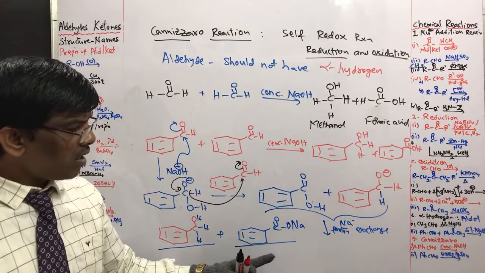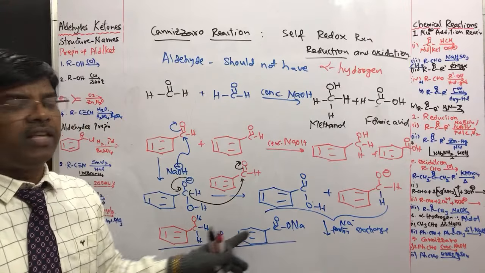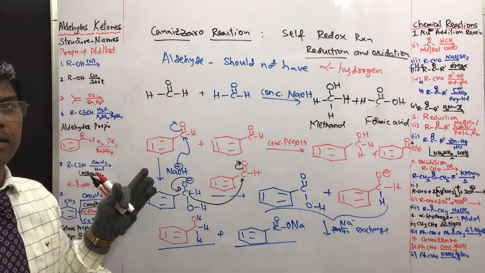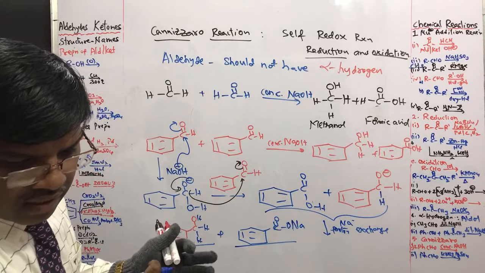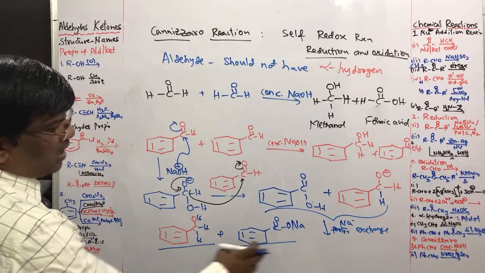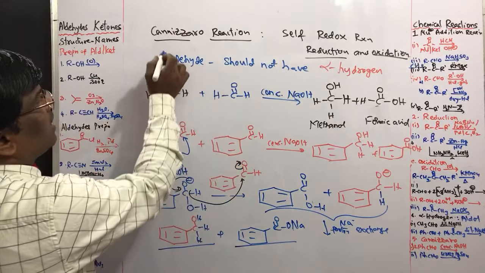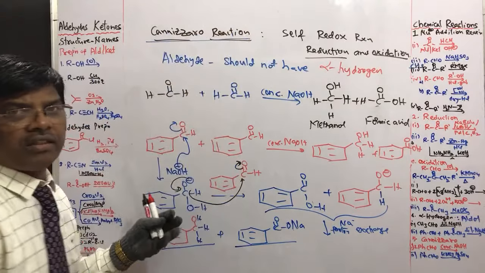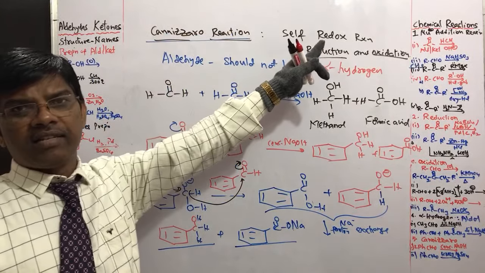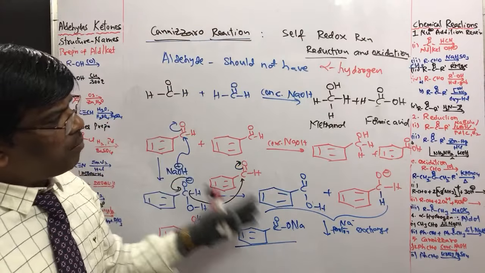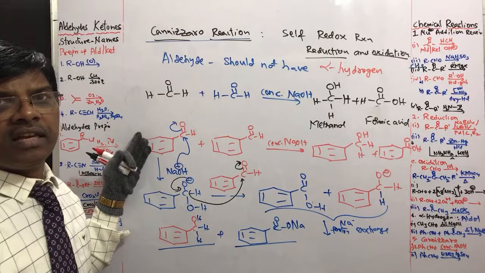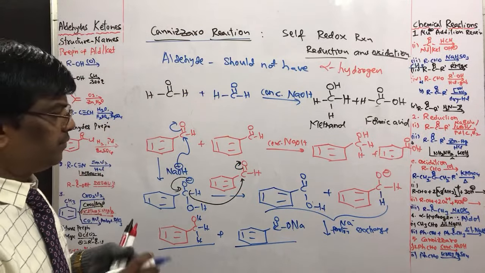So this is the mechanism of the Cannizzaro reaction. Yes students, this is how you can write the mechanism, and you can check Cannizzaro reaction with Venus Academy. I have given a lot of examples under Cannizzaro reaction. Yes, next.